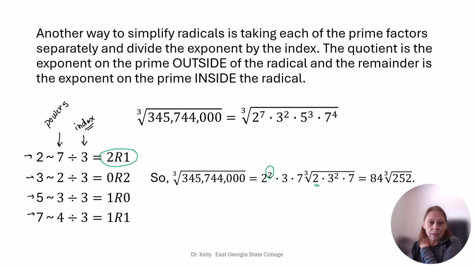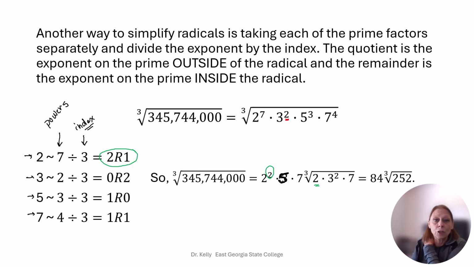Now I noticed that I've made a mistake here, and let me correct my typo. This should be a 5. I'm not sure why I wrote a 3 in there other than it's the last lecture, and I've just made a mistake, so I corrected it now. So let's look at the 3's here. There are 2 3's, 3 squared.